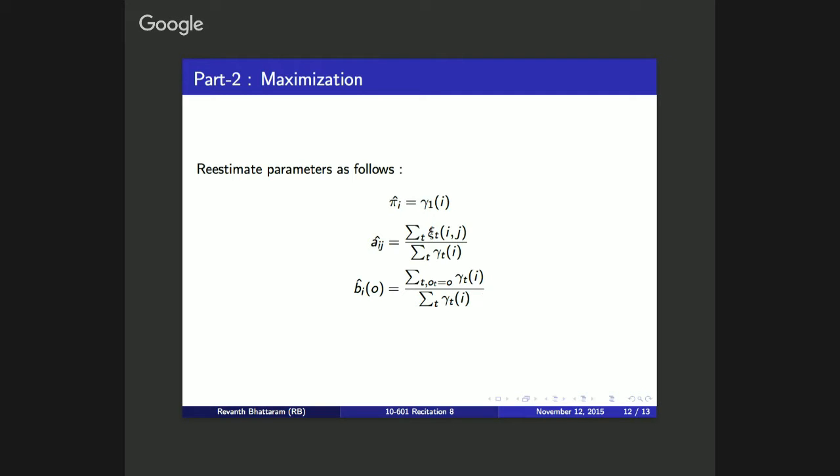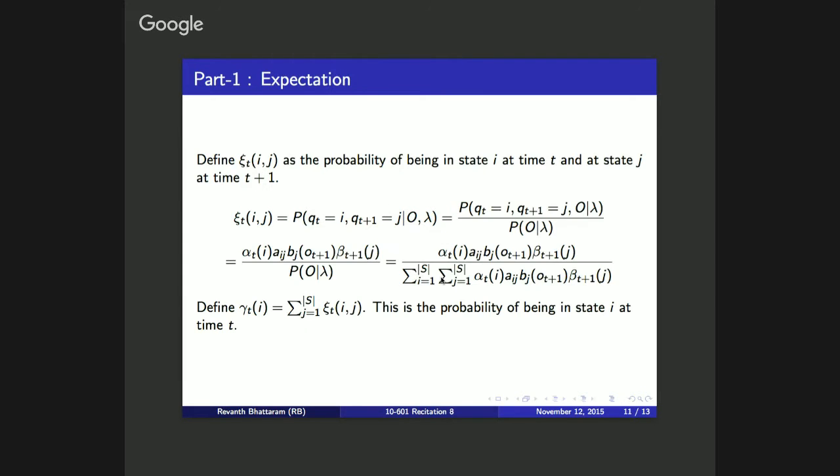So the numerator only looks at gamma t of I. One important clarification over here is that this is for a given observation sequence.